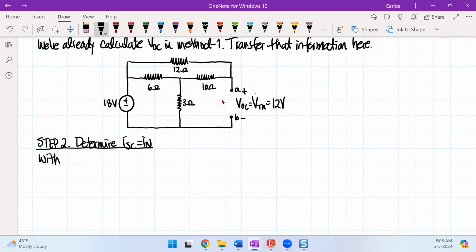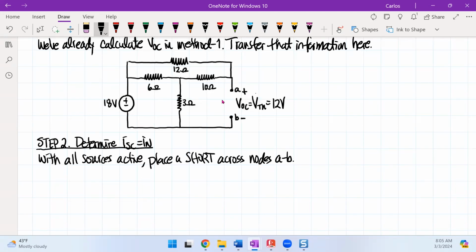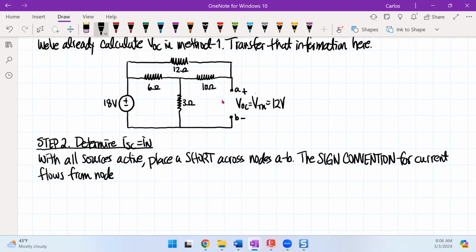So with all sources active, place a short across nodes A to B. The sign convention for current flows from node A to node B. So this is a sign convention, so we have to follow that sign convention.